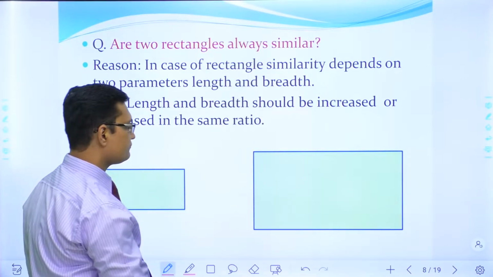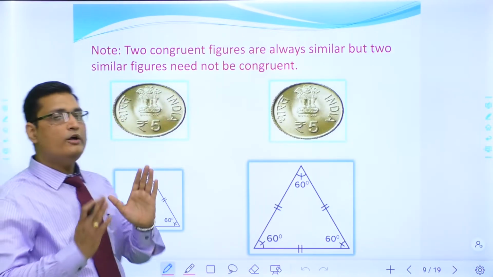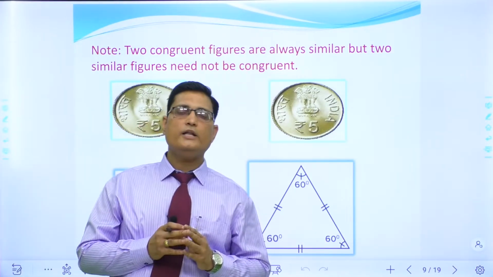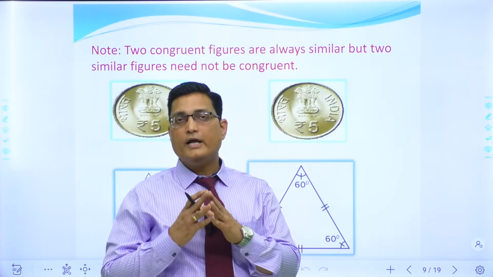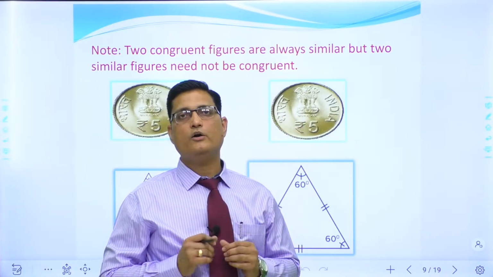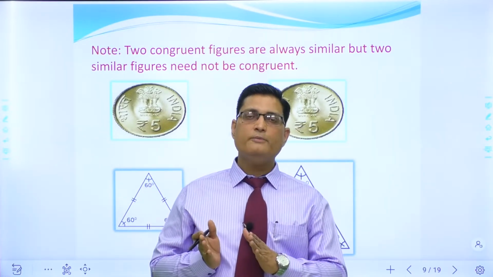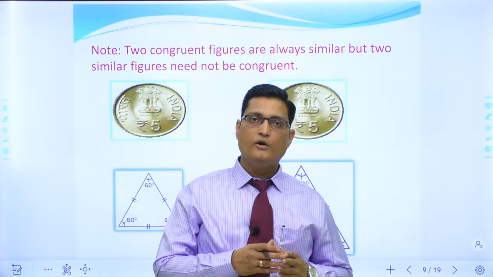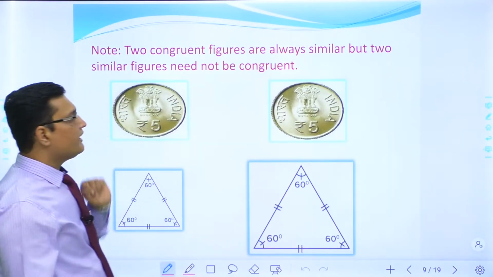Now see here, we have one note. You know that congruent figures are equal in shape and size. So you can conclude that all congruent figures are similar, but all similar figures need not be congruent. How? See now, two figures are given.